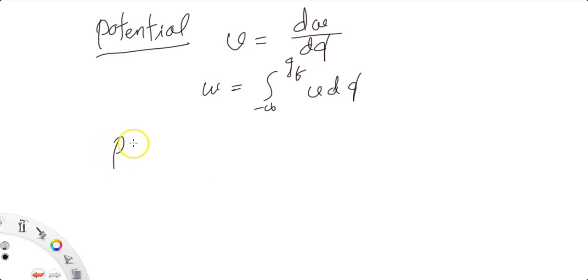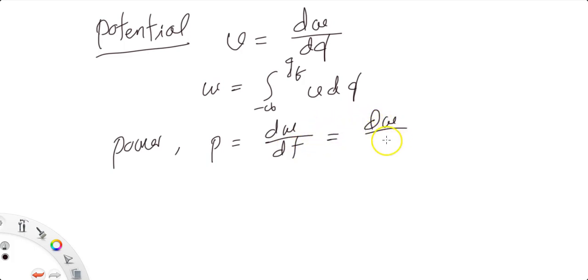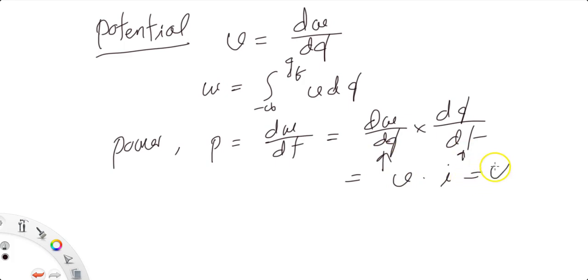And then power P is equal to the time rate of change of work done or energy. If you manipulate a little bit, dw upon dq into dq upon dt, this term is your V, this term is your I, so P equals VI.